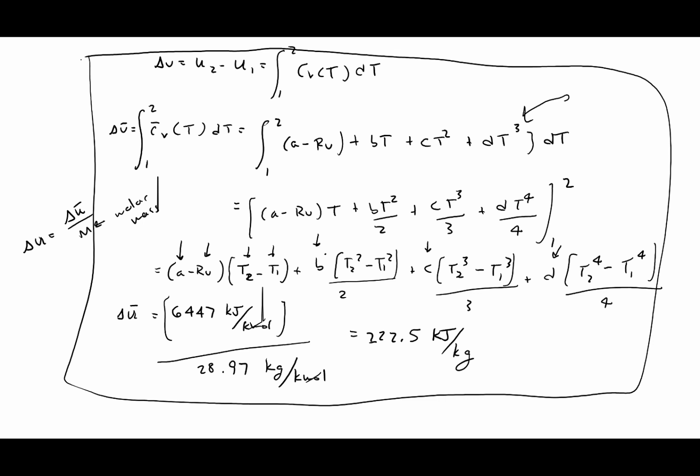So the other way that we want to do this is, let's just go to the next page. So we have delta U is equal to U2 minus U1, and this is equal to state 1 to state 2, C sub V of T dt.